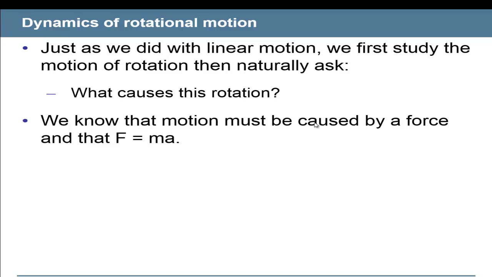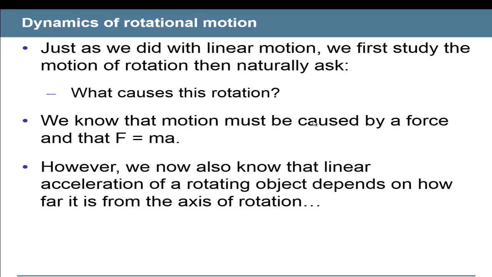But we also know from our study of rotational motion in chapter 9 that the linear acceleration of a rotating object depends on how far it is from the axis of rotation, right? If you remember, the linear, or tangential, acceleration was equal to the radius, the distance from the axis of rotation, times the angular acceleration.